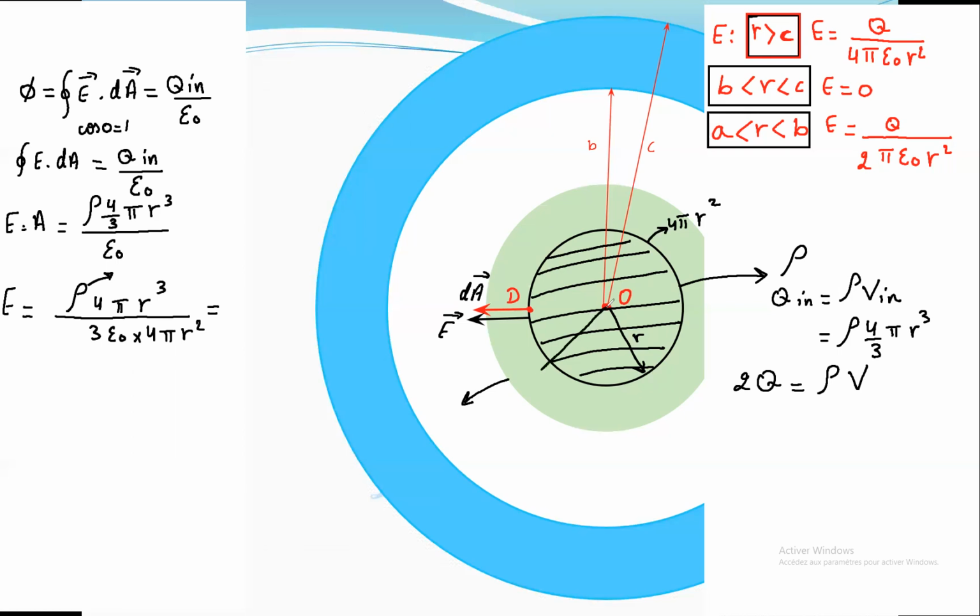This sphere has a radius equal to a. So 2Q equals rho times 4 over 3 pi a cube.